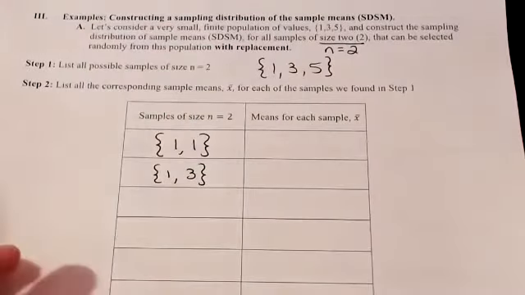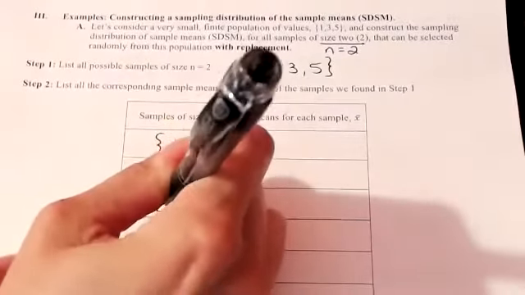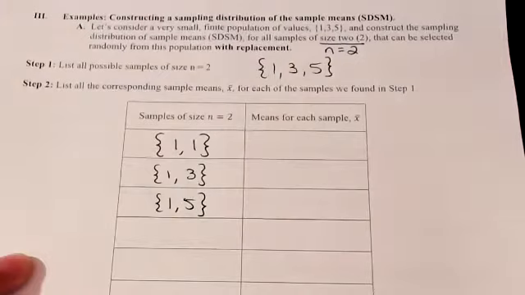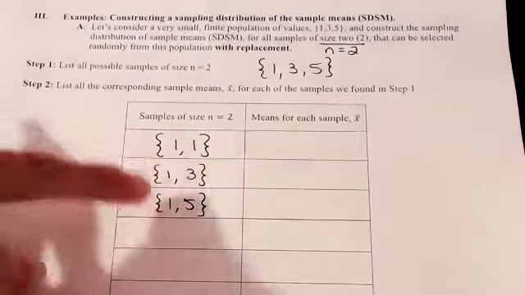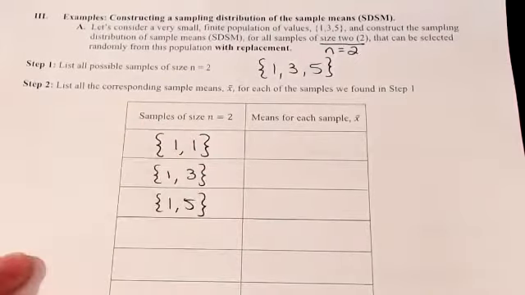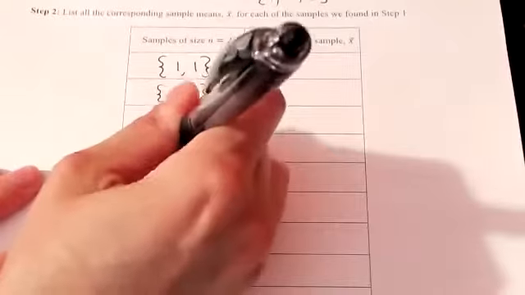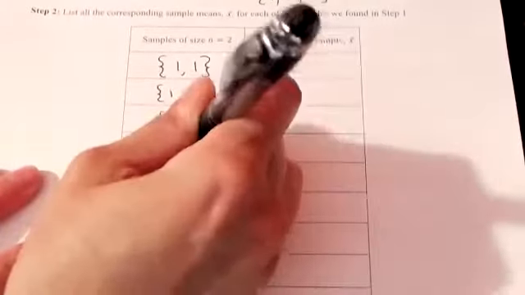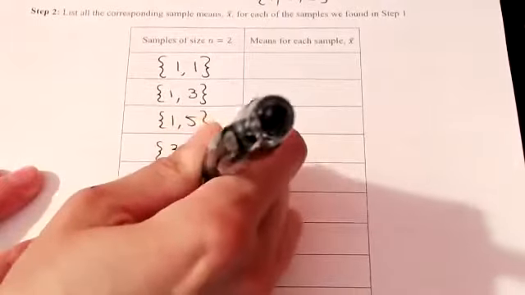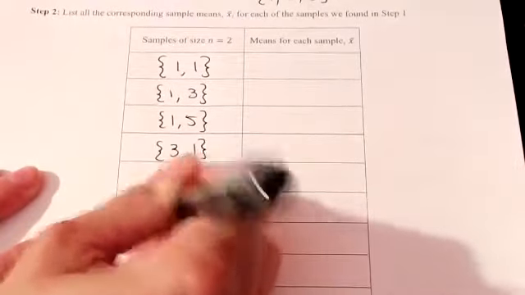So if we continue with this idea, we're essentially just writing out all the possible combinations for what we could have. If our first slip of paper shows a 1, the second slip of paper can be a 1, a 3, or a 5. If my first slip of paper is a 3, then my next slip could be a 1, a 3, or a 5.